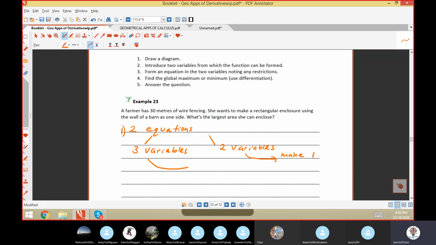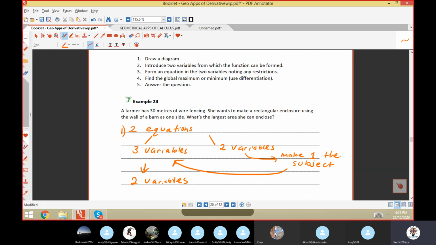So make 1 the subject, sub into this. So how many variables would you have now if you're subbing that back into the 3 variables? 2 variables now. So you just made 3 variables into 2 variables.